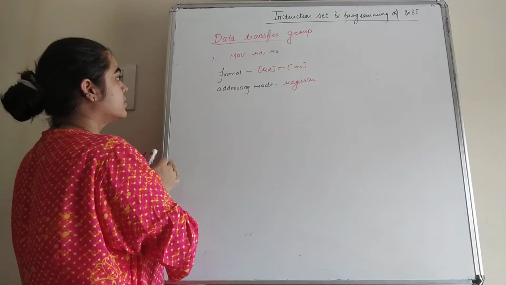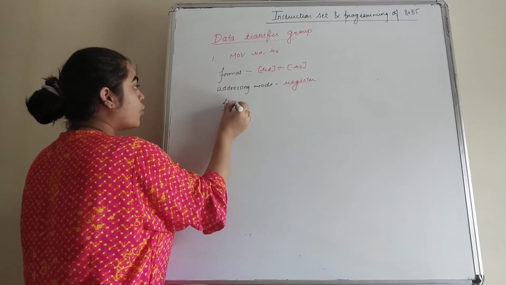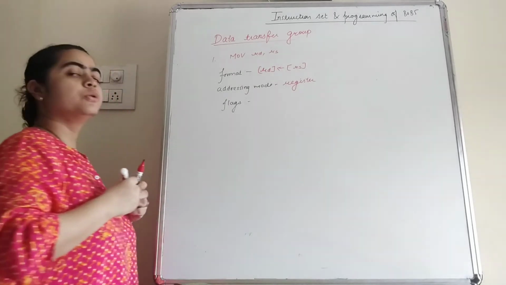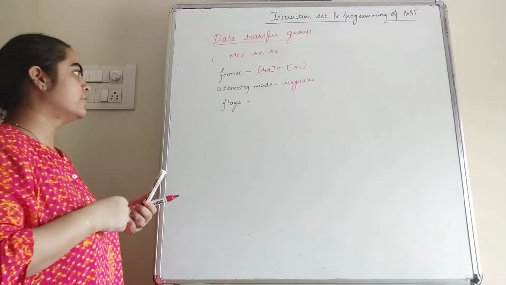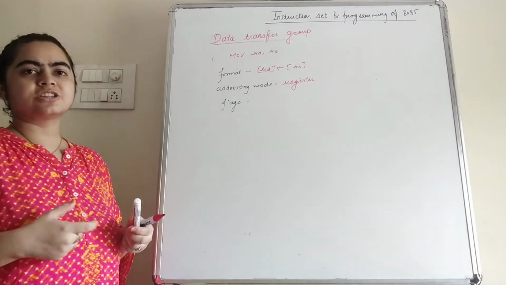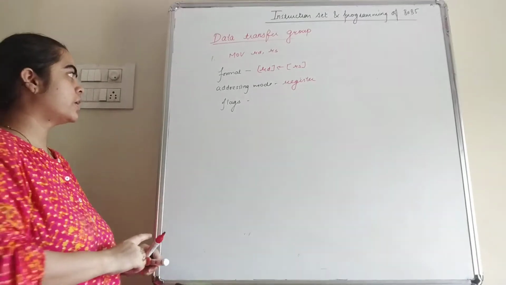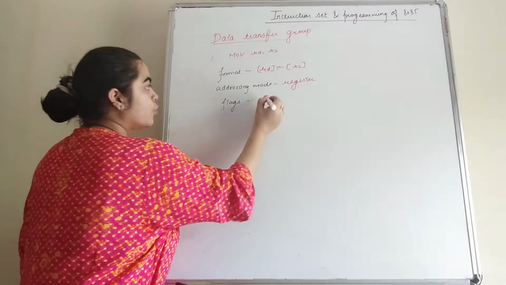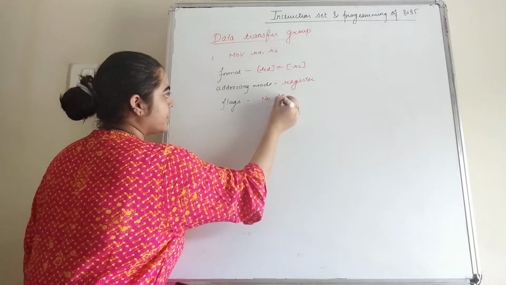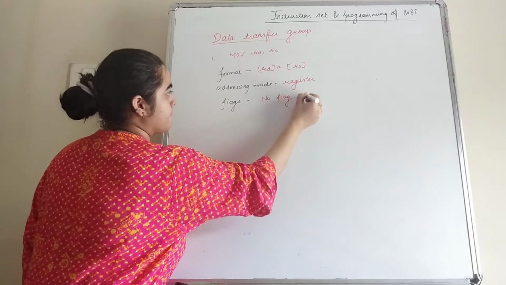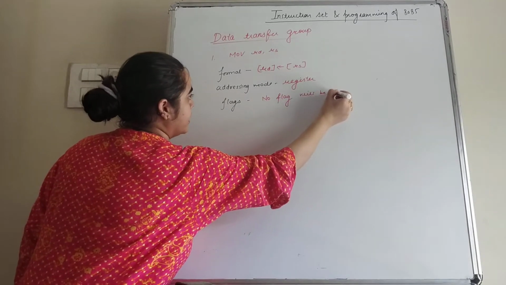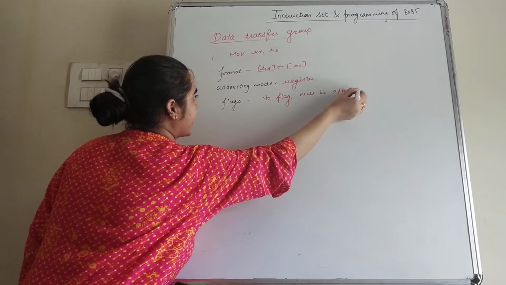Next one is the flags. In the data transfer group, there is no flag involvement. We only transfer the data from one location to another location, so no flag will be affected. Next, students, is bytes.